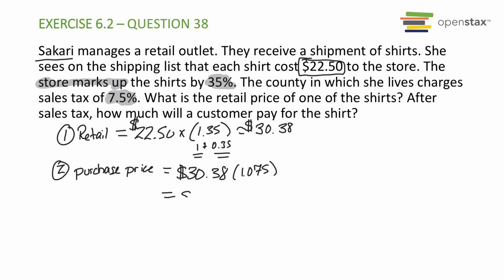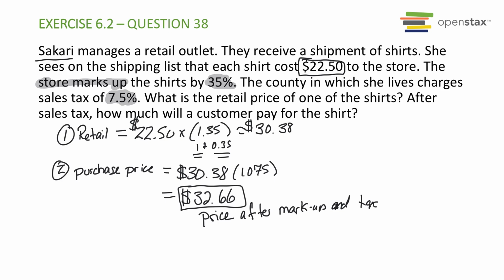And that's going to give us $32.66. So that's going to be the price after markup and tax. So that would be the final price that you would have to swipe the debit card, or pay cash, in order to get this particular shirt.